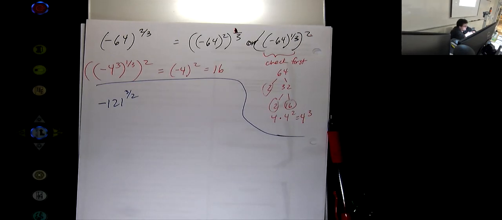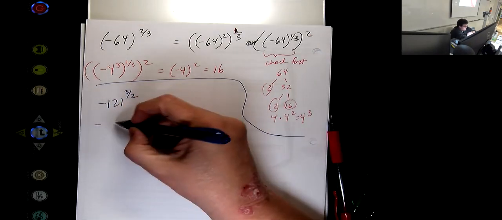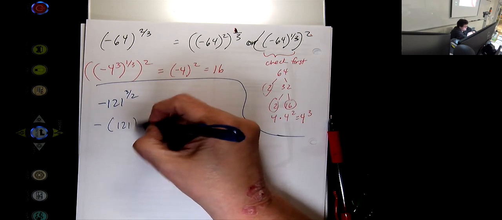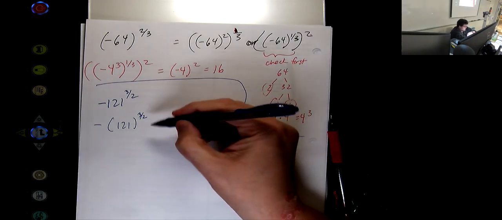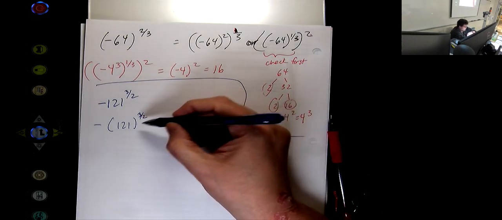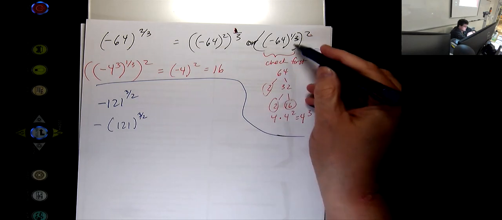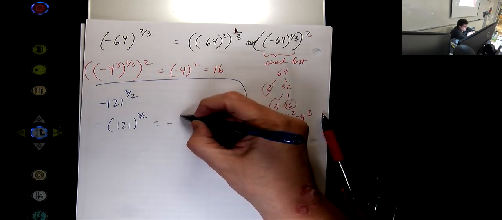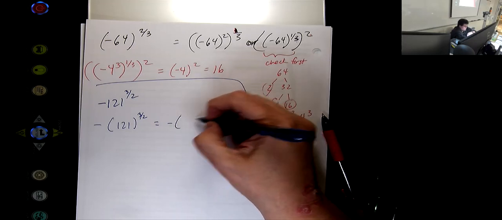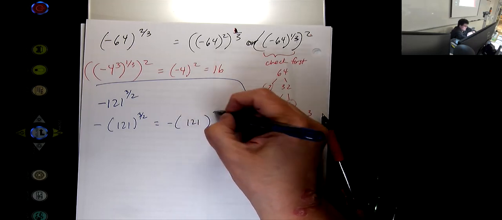Hopefully, on this problem, you guys recognize that the negative is not part of it. So this is 121 to the 3/2. And again, I'm going to do the fraction part first. So I'm going to have 121. I'll put the 3 outside.